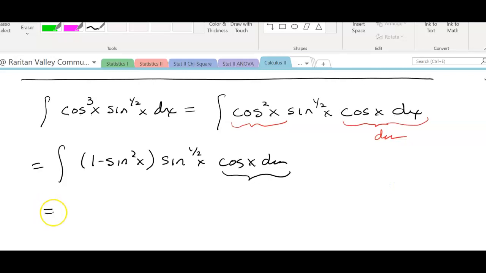Let's distribute. It's always good to distribute it through. So that's the integral of sine to the 1/2 x minus sine to the 5/2 x. Just remember you have to add your exponents, so 2.5 is 5/2.